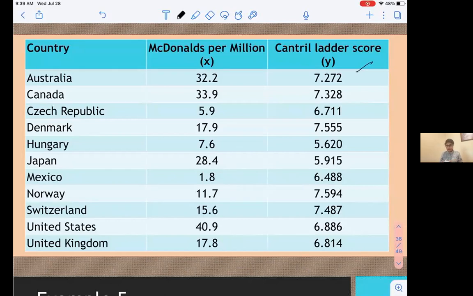I'm not going to ask you to plot it on your calculator, but let me do it for you in this case. Let me see, 1 second. So if I plot it on my calculator, this will be the scatter plot we have.